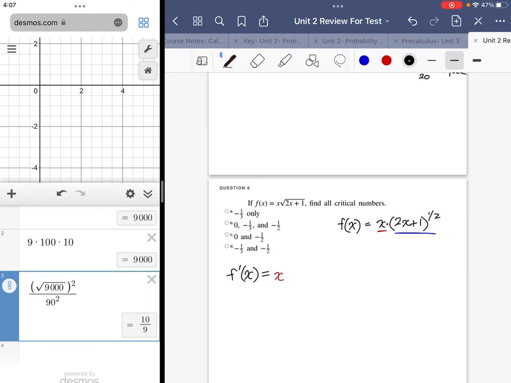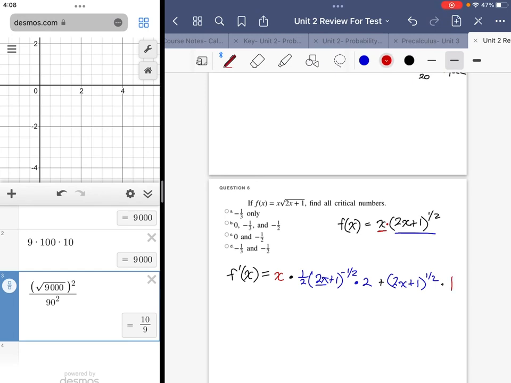So first times the derivative of the second, which would be 1/2 (2x plus 1) to the negative 1/2 times the derivative of the inner function, which is a 2, plus the second function, 2x plus 1 to the 1/2 times the derivative of the first, which amounts to just a 1.